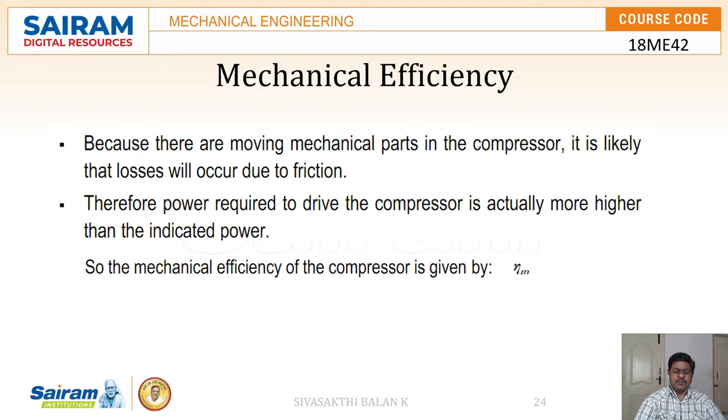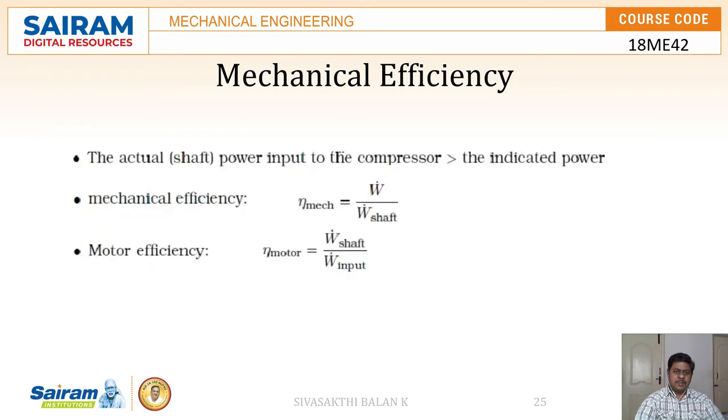Therefore, it requires a certain amount of power to drive the compressor, which is slightly higher than the indicated power. So the mechanical efficiency of the compressor is expressed as eta m, or eta mechanical, and the definition explains that the actual shaft power input to the compressor is always greater than the indicated power.